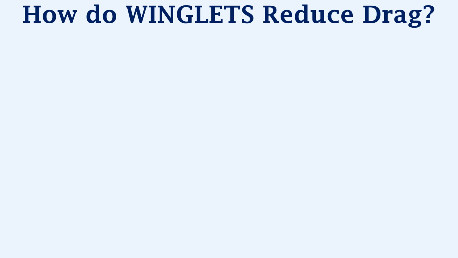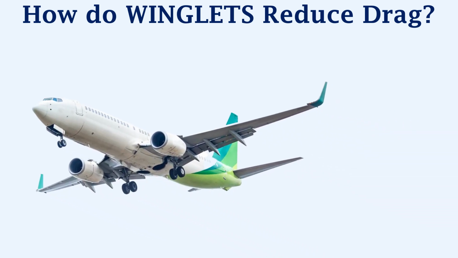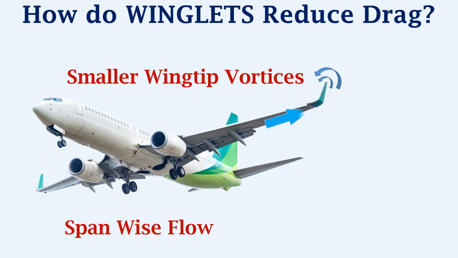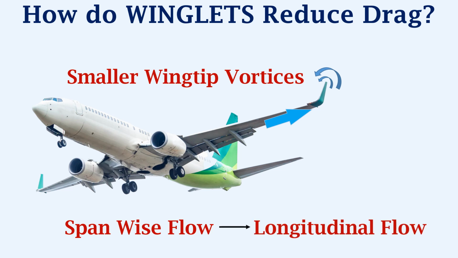The wings that are installed with winglets tend to have smaller wingtip vortices. This is because of the upward deflection of the winglets and the smaller cross-sectional area, which reduce the circulation of air towards the top section. Another reason why drag is reduced is that the span-wise flow on the wing is converted into a longitudinal flow, which pushes the aircraft forward.